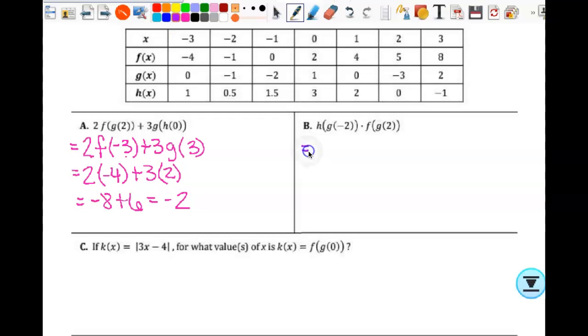All right, so then we have h of g of negative 2 times f of g of 2. So this gives me h of, all right, what's g of negative 2? Negative 1, times f of g of 2. What is g of 2? Negative 3.